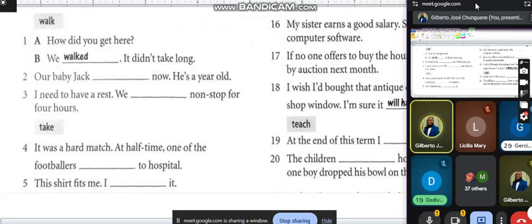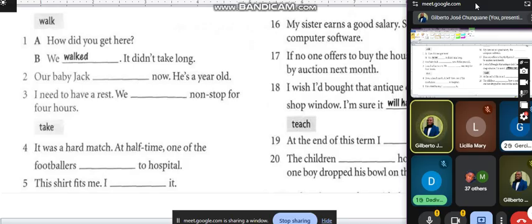In this particular case, we're talking about a current situation which is now permanent because of the milestone of the baby's development. We know that from a year old, a baby can walk. So instead of saying our baby is walking, we say our baby walks now. He's a year old. Which means at this age, at this stage, this baby can walk.